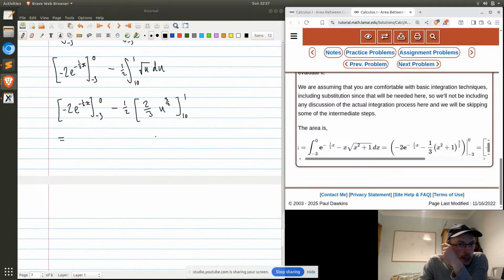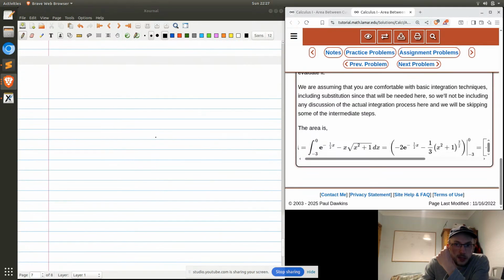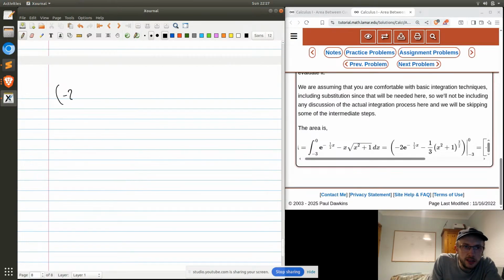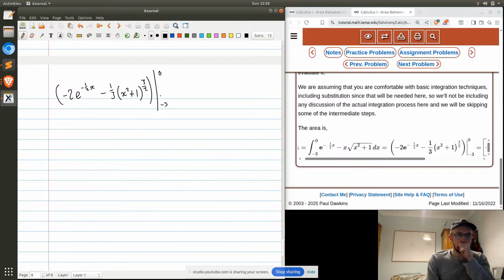All right, so I want to try out that notation. E to the minus half x minus a third. Like that. A big vertical bar, -3 to 0.